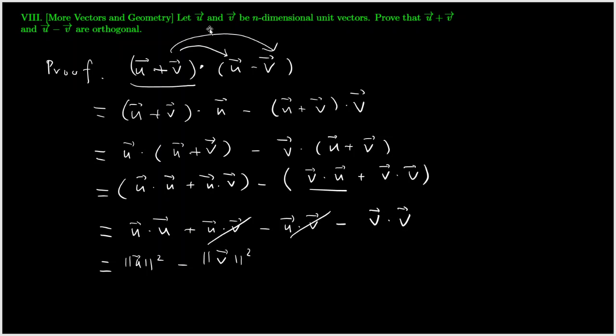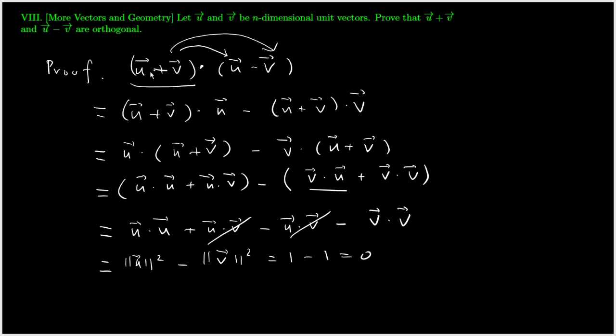Now look at the condition. You have two unit vectors. We mentioned before a unit vector is a vector with the length of 1. So the length of u is 1, the length of v is 1, right? So you just have 1 minus 1, which is 0. Now you look at the two sides of the equation.